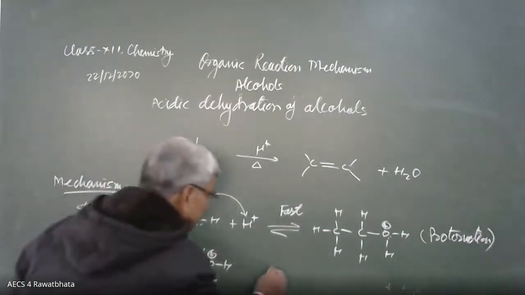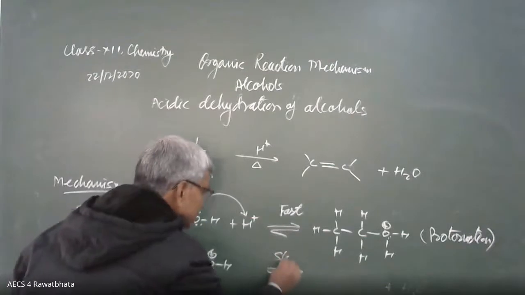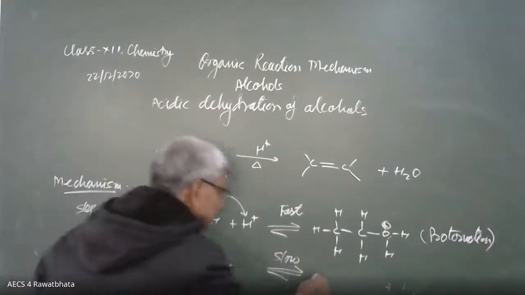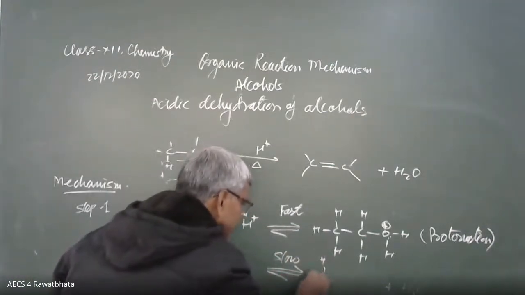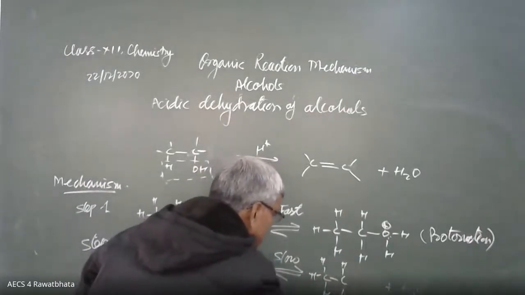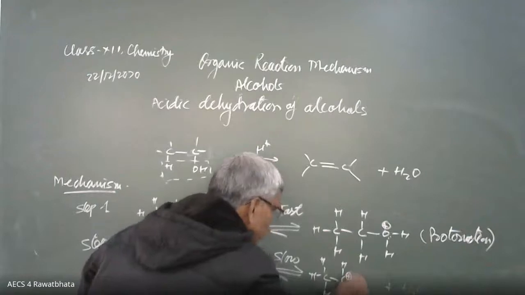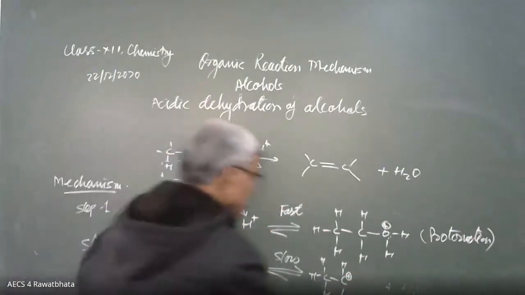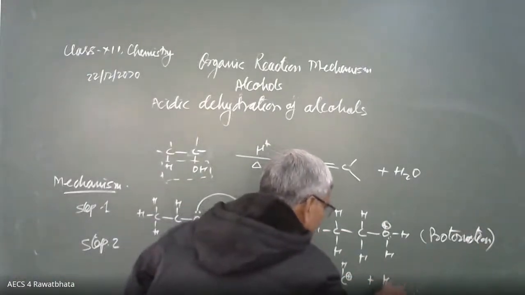This is the slow step, and the product is carbon, hydrogen, hydrogen, here is C, and a positive charge comes over here, carbocation plus H2O.